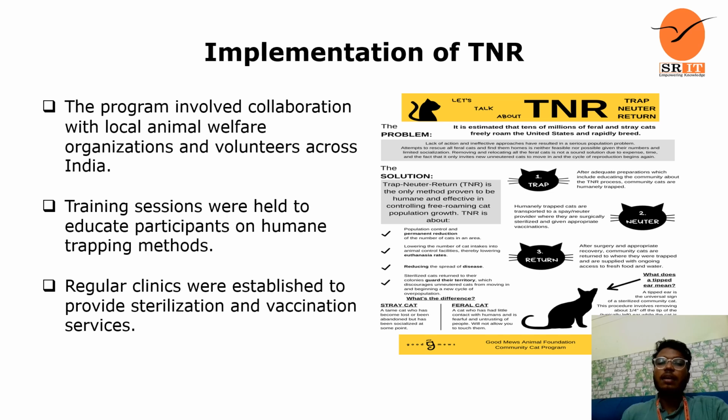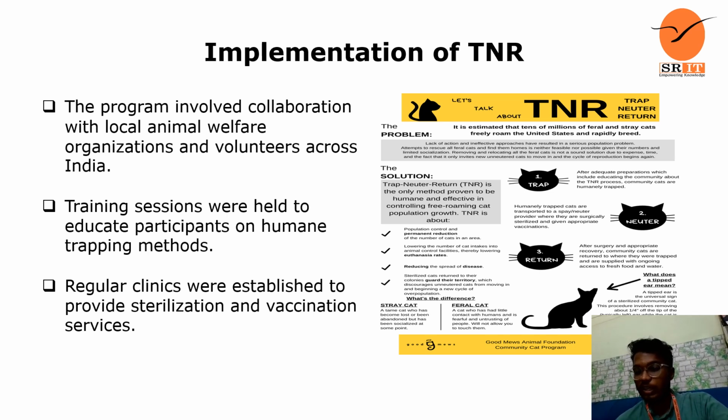Now we'll see about the implementation of TNR, that is trap, neuter, and release. The program involved collaboration with local animal welfare organizations and volunteers across India. Training sessions were held to educate participants on humane trapping methods. Regular clinics were established to provide sterilization and vaccination services. So to implement this TNR, first we have to trap these cats.